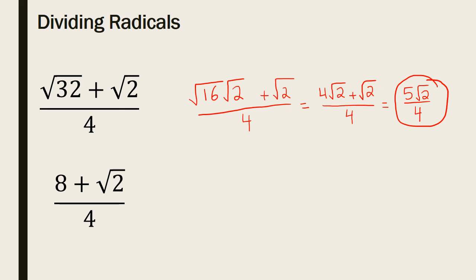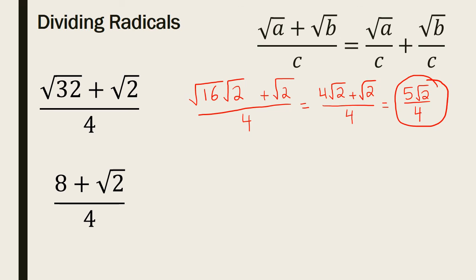I know radical 2 is in the simplest form. So to approach this problem, I'm going to use this rule where it says that if I have two terms added to each other and then divided by a number, it can be written as the first term divided by the number plus the second term divided by the number.